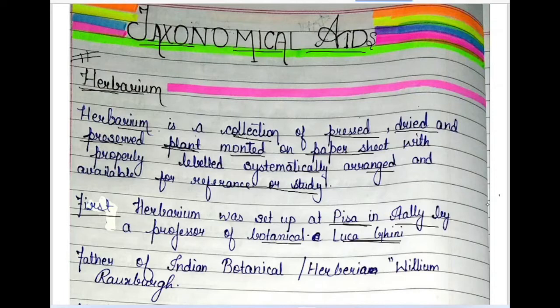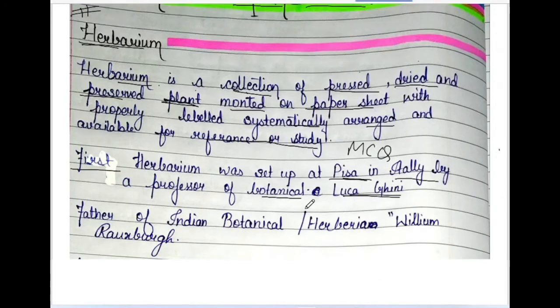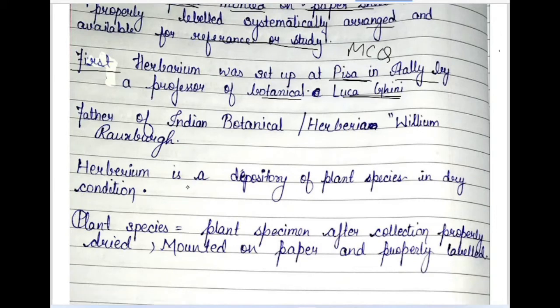It is important for MCQs. The father of Indian botanical herbaria is William Roxburgh. Herbarium is a depository of plant species in dry condition. As we already know, in this we first press, then dry, and then preserve the plant species.